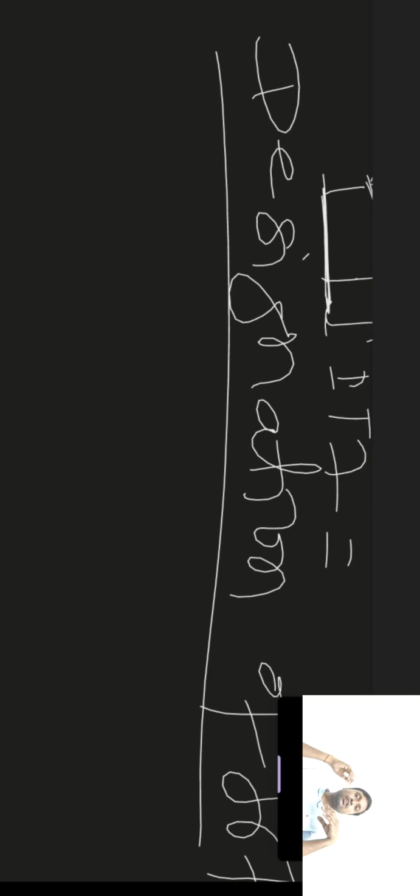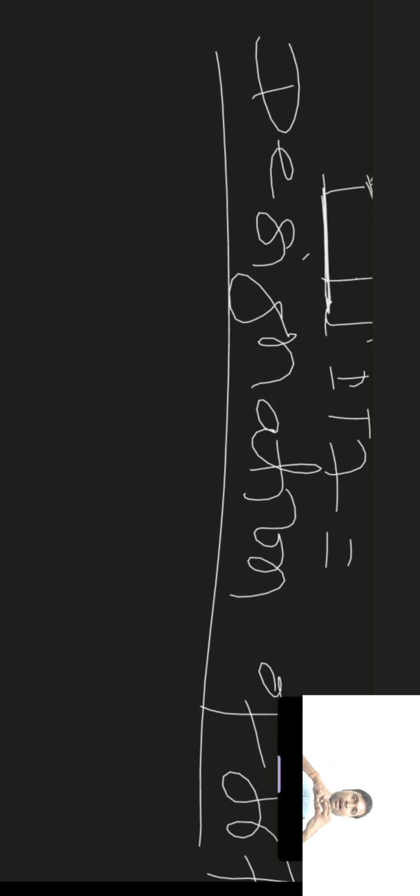But then why do we call it fit? Why not simply call it assembly? The reason is that the fit also defines the quality of assembly. When we are going to assemble one part with another, let this be the shaft and this be the hole, does this move inside easily, or is there a gap between these two, or is this size so small that it cannot be inserted inside this hole?